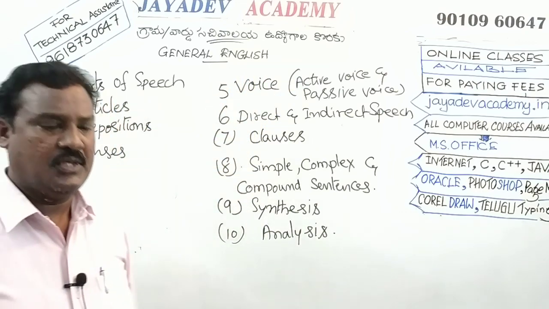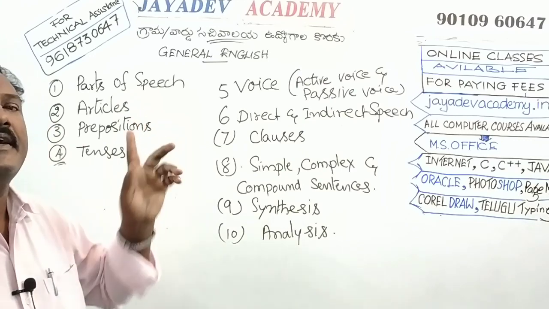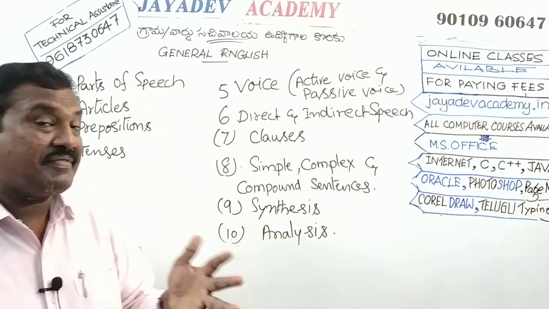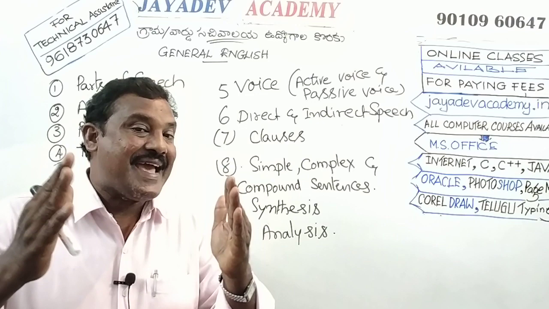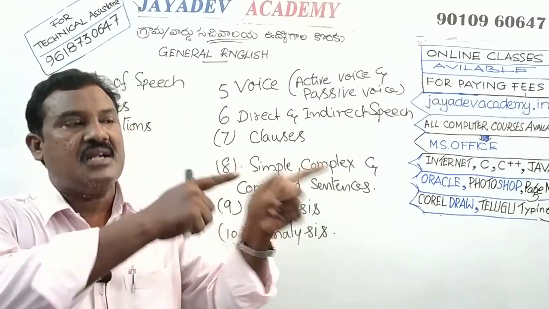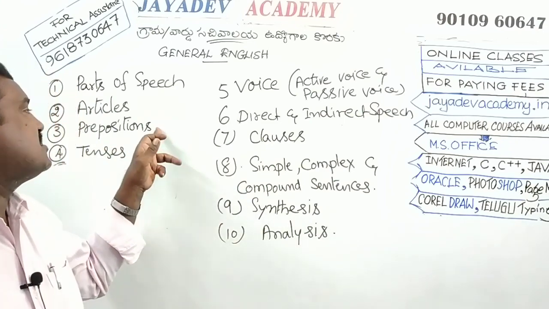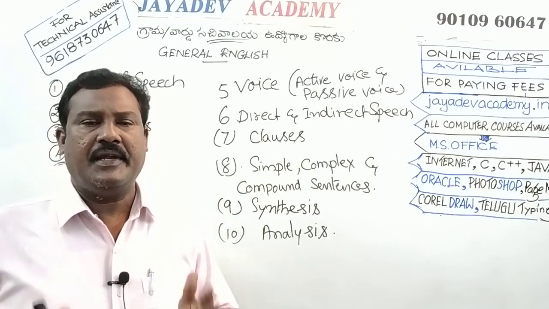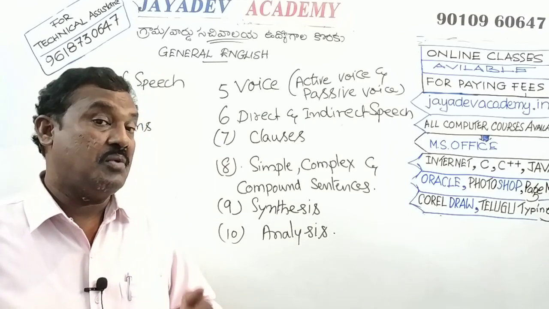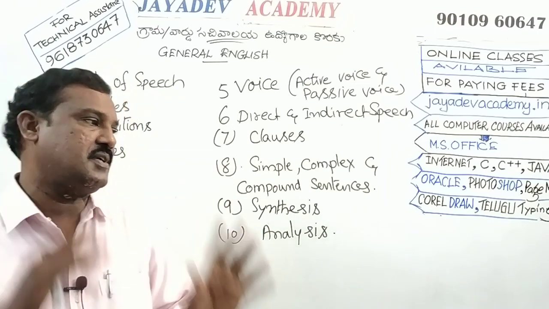Two types of articles are there: definite articles and indefinite articles. Definite article means we know exactly. If we know something exactly, before that we have to write the definite article the. Indefinite articles mean a and an. Indefinite articles we use before the common nouns which we discuss for the first time.